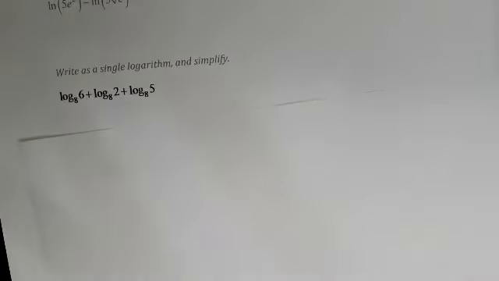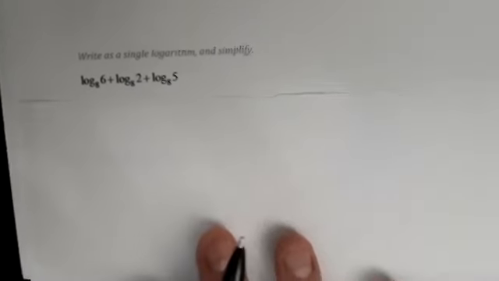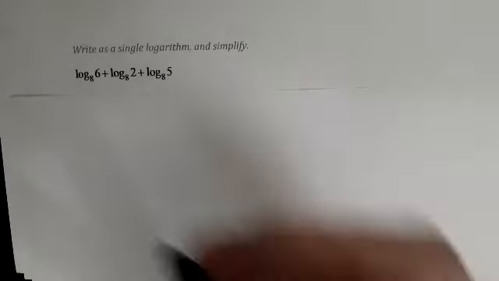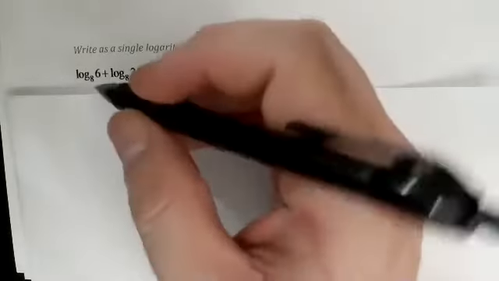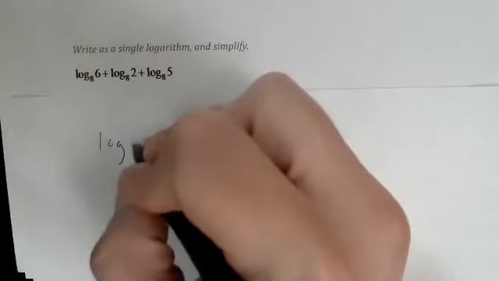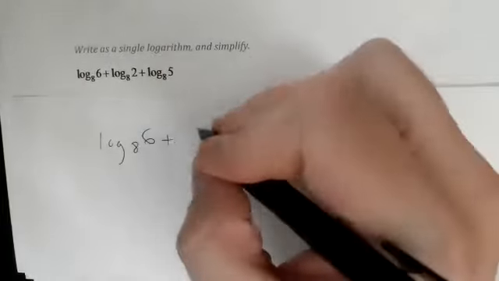Now we have multiple terms. So we have log base 8 of 6 plus log base 8 of 2 plus log base 8 of 5. If you want to go 2 at a time, do these in the order that they are presented. That is fine.